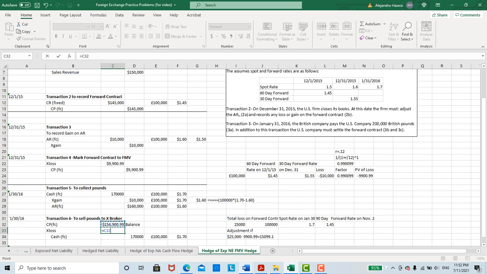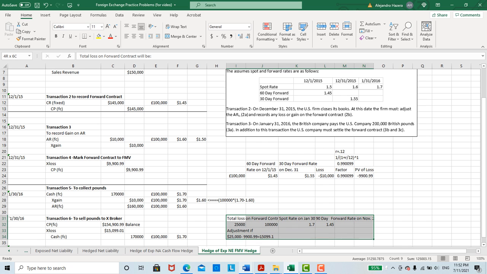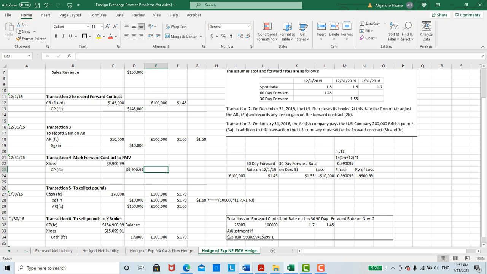A positive number here is a loss, because the debit means a loss. And I'm using the same numbers that we used last time.